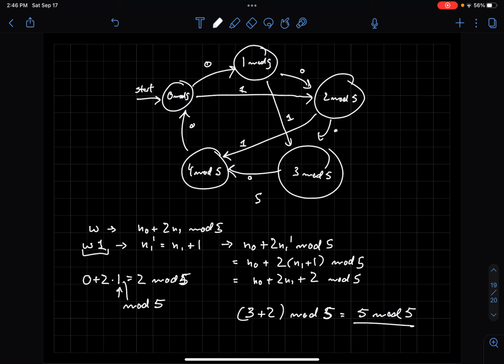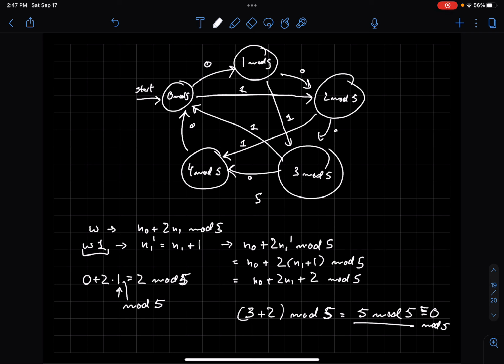Well, the remainder is 0. Here I'm skipping notation, and I should be writing congruent. If you're from a mathematical background, please forgive me. If you're not, just remember that we're dealing with equivalence classes, so proper notation should always be used, but I'm cutting corners here to illustrate my point. So from 3 mod 5, I should go to 0 mod 5. So I should go here.